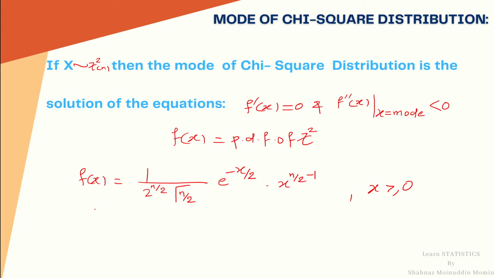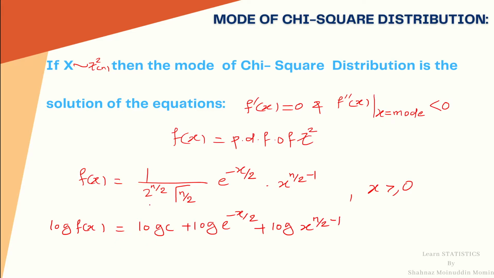Now we take the logarithm on both sides to simplify the form of PDF. Hence log f(x) is equal to log c plus log e raised to minus x upon 2 plus log x raised to n by 2 minus 1.